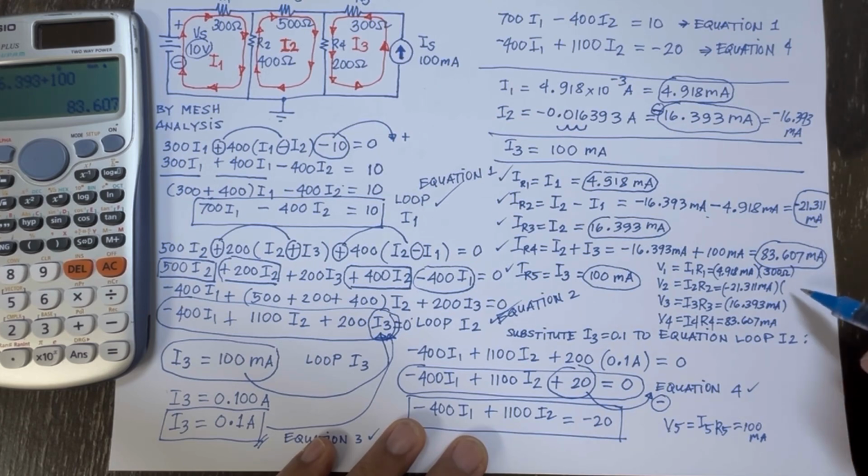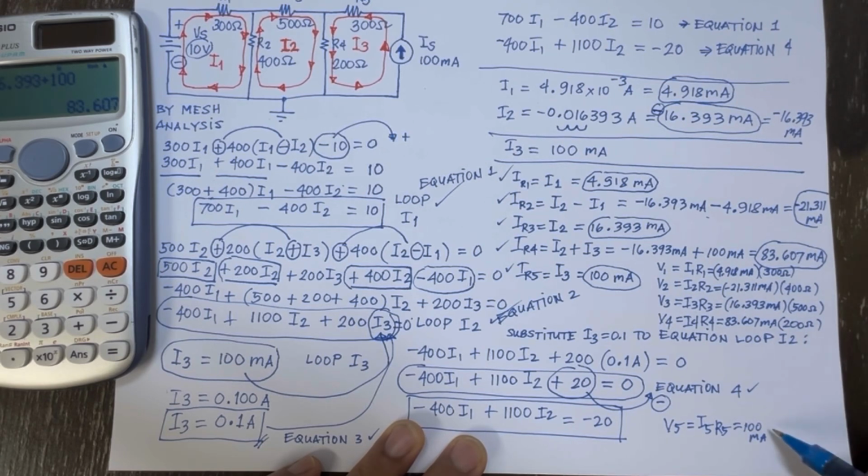So if we calculate the values of V1 up to V5 and we get values in the thousands, we have to divide the millivolt values by 1000 in order to make it volts. And so let me write here the R5 before we calculate.